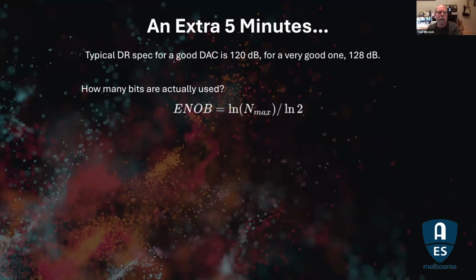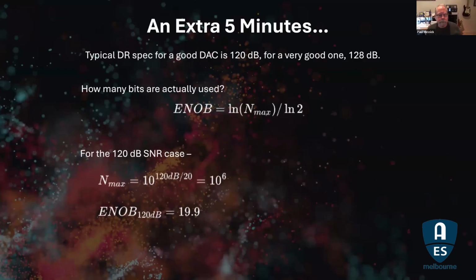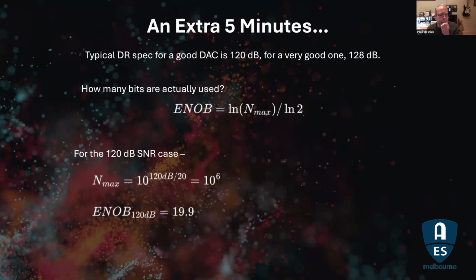So you think about the dynamic range for a pretty good DAC, 120 dB. A very good one, say 128. They could even be higher. How many bits are we getting here? So there's the math: effective number of bits. A bit of log for you. For the 120 dB case, there are 1 million possible states, so 1 million is the highest value.